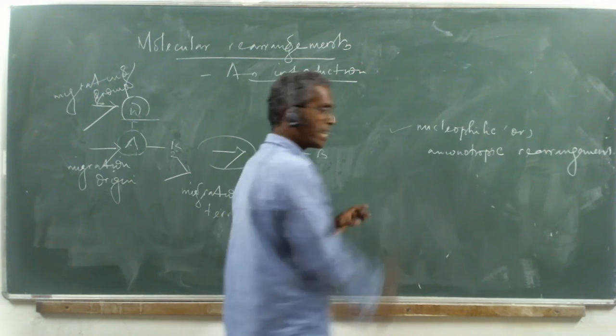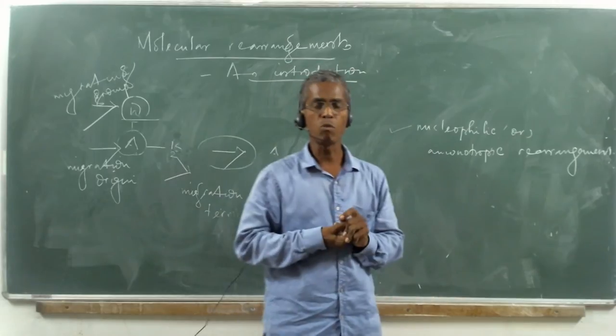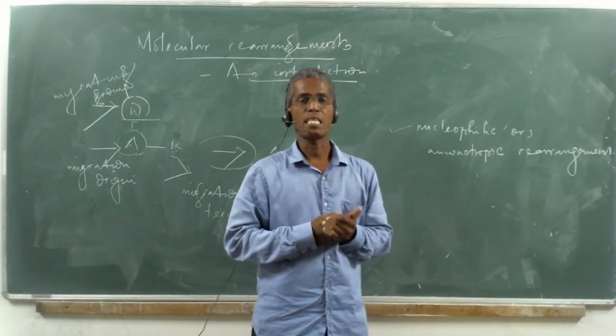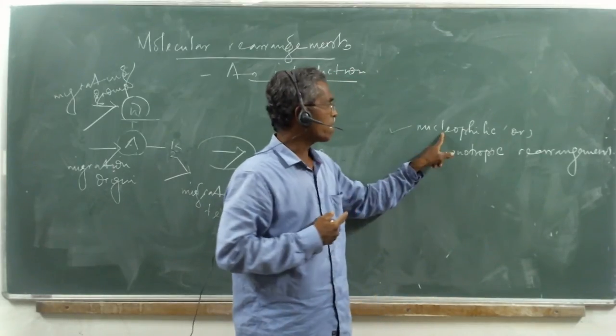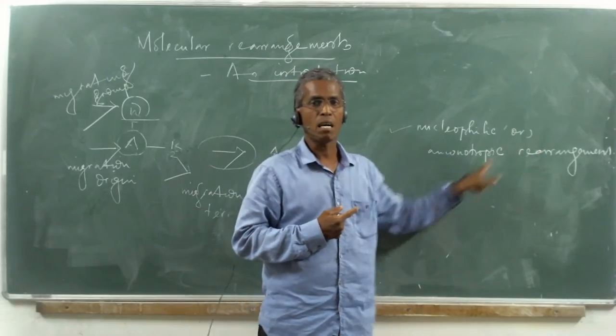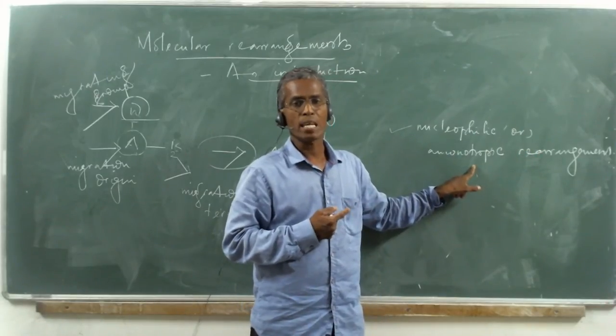So it is very clear that if the migrating group moves with its pair of electrons, the reaction will be called nucleophilic rearrangement or anionotropic rearrangement.